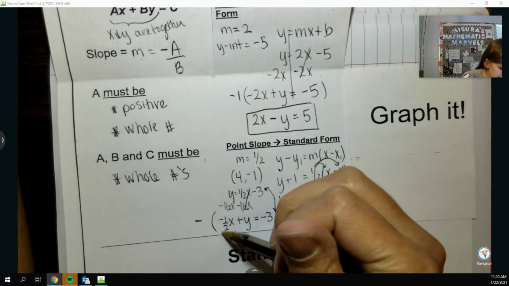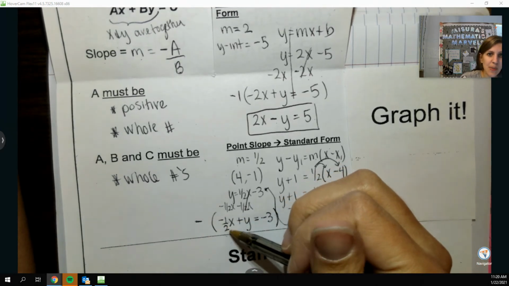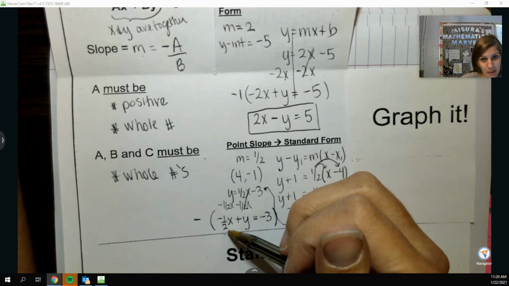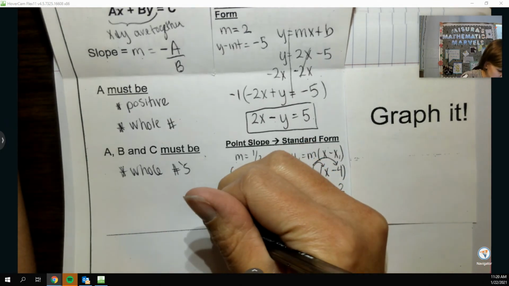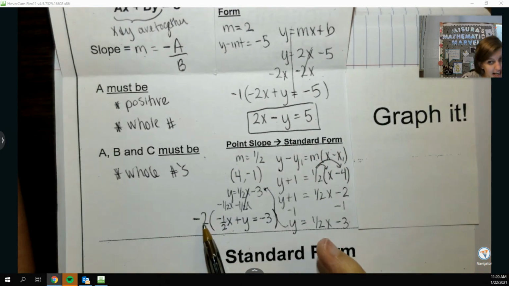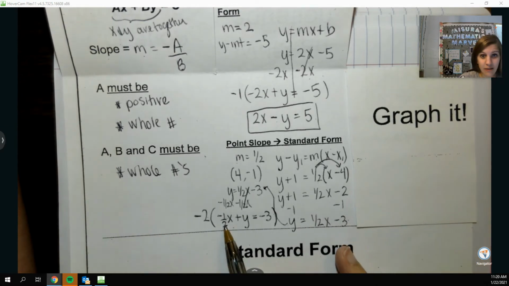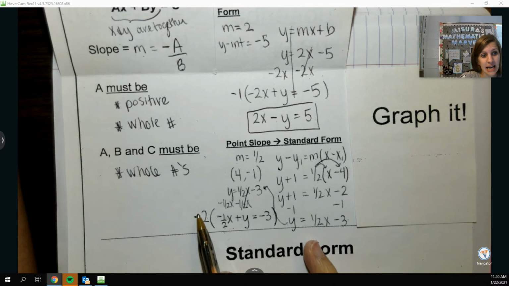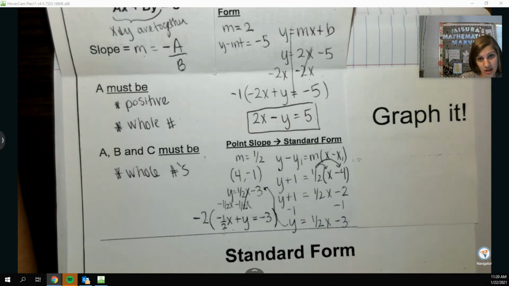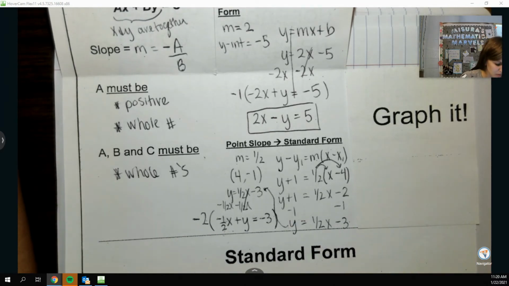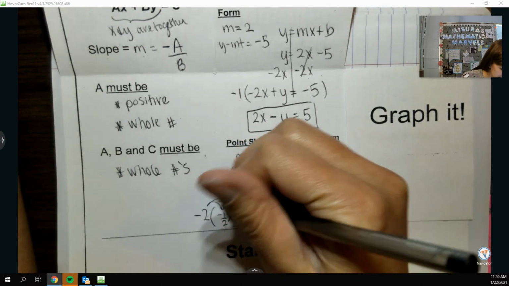So whatever the denominator is, whatever the bottom number is, you're just going to multiply by that. So I'm really going to multiply by -2. And again, if I do it to one thing, I have to do it to all the things. So whatever the denominator is, that's what I'm going to multiply by to get rid of that denominator. And then we just distribute it to everything.